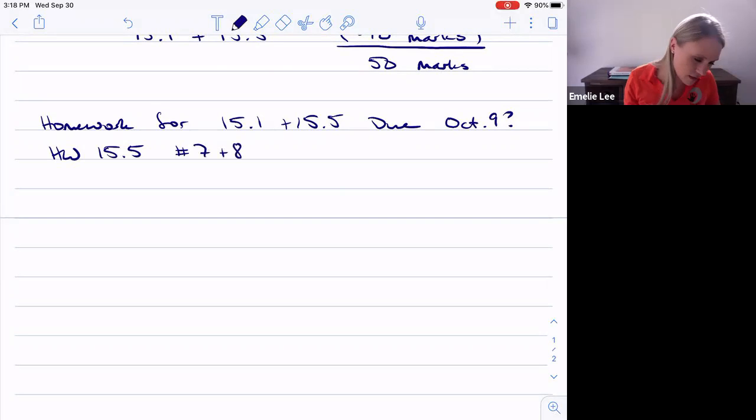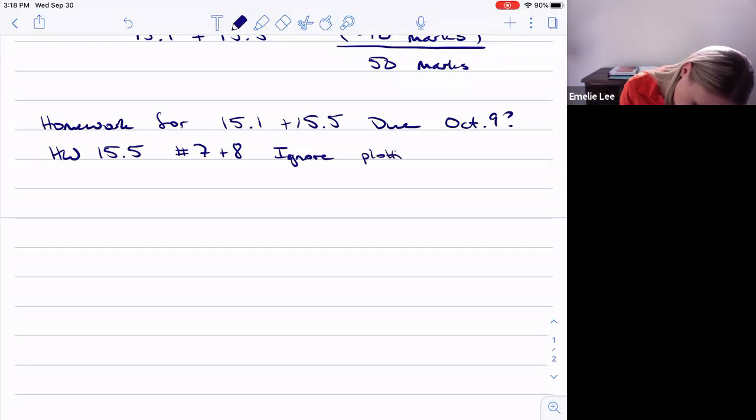It gives you a plotting window, making you think that's what you need, with the X min, X max, Y min, Y max. You'll see it when you get there, but for now, just ignore the plotting window and look at the graph for the domain and range.